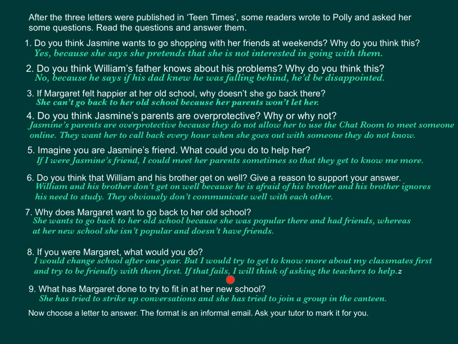If that fails, I would think of asking the teacher to help. Number 9. What has Margaret done to try to fit in her new school? She has tried to strike up conversations and she has tried to join a group in the canteen.